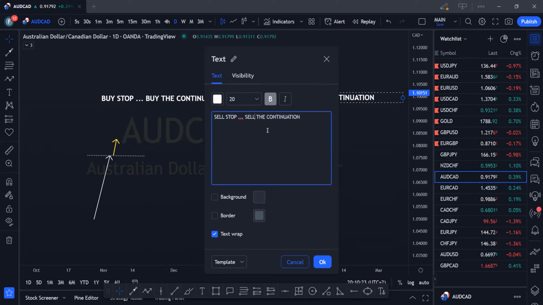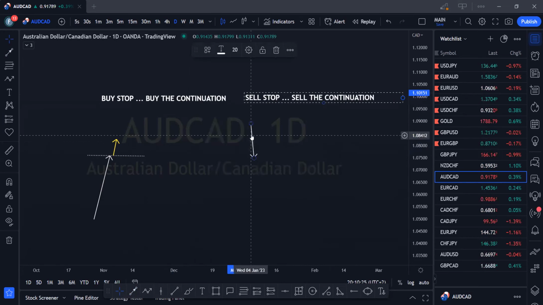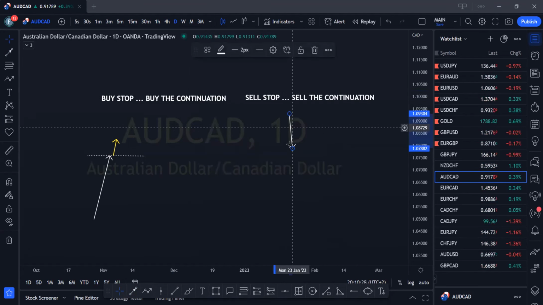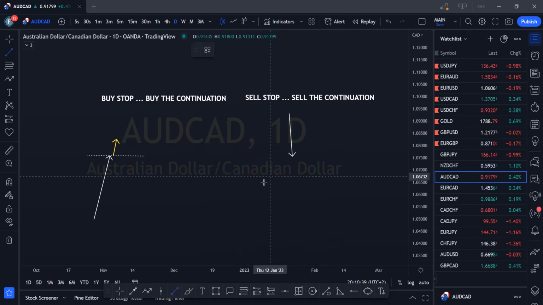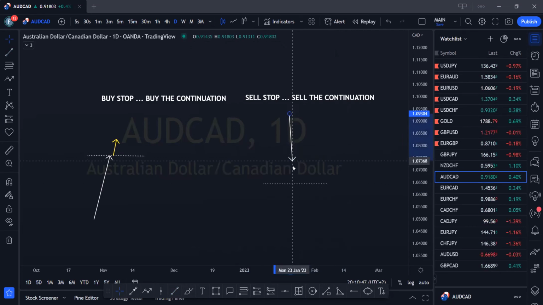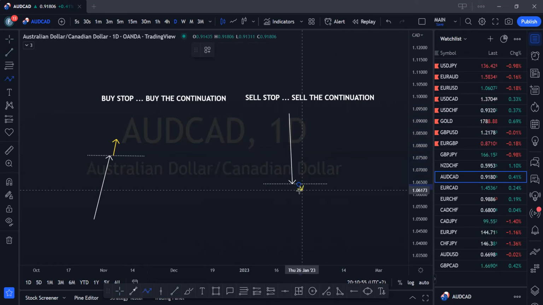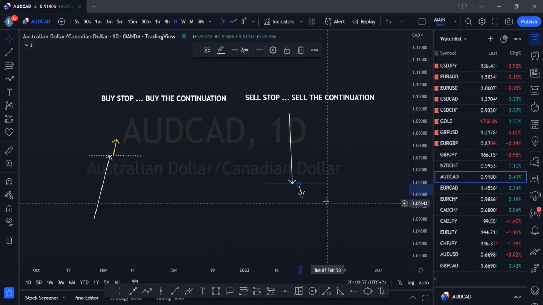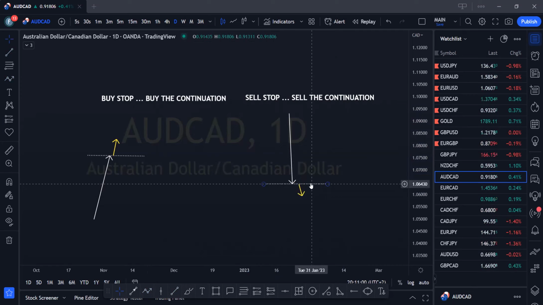Based on your analysis, you want to continue selling when price gets to a particular point. So this is where you set your pending order. When price keeps going down and touches this point, immediately you'll be entered into the market for a sell. Okay, so that is sell stop and buy stop.